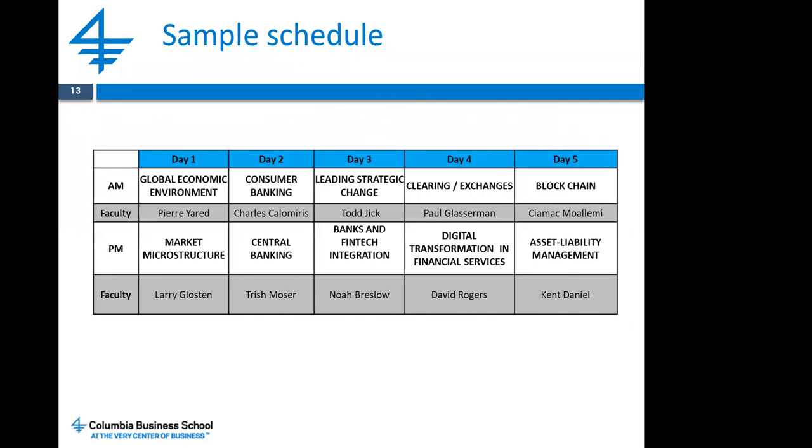Aspects that we covered. As you look at the 5-day module, it's interconnected in terms of going from the global markets to the aspects of customer, to the aspects of fintech, to the aspects of digital, right? And then giving you elements of strategy in terms of leading strategic change, or in the context of this, how should you look at asset liability management.